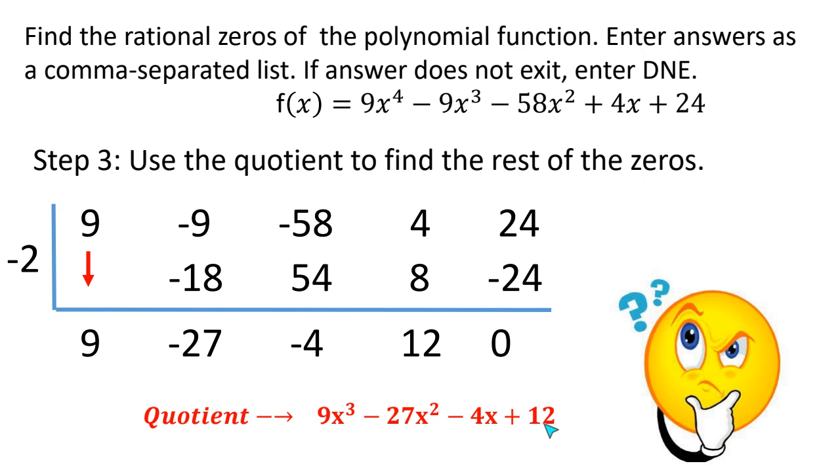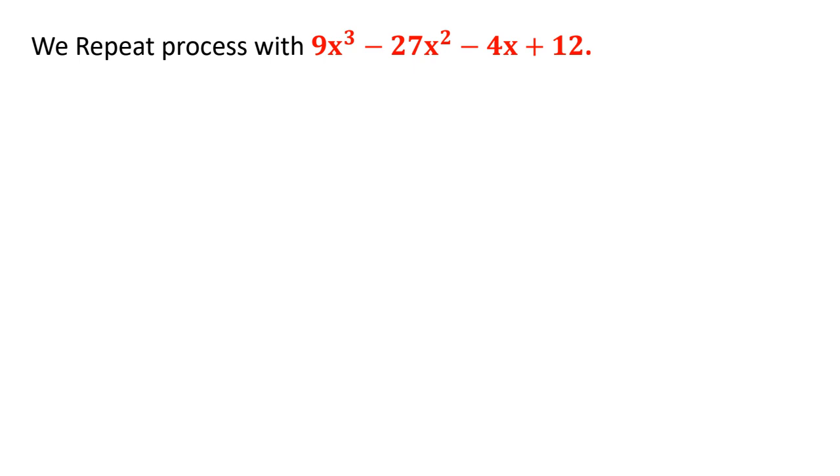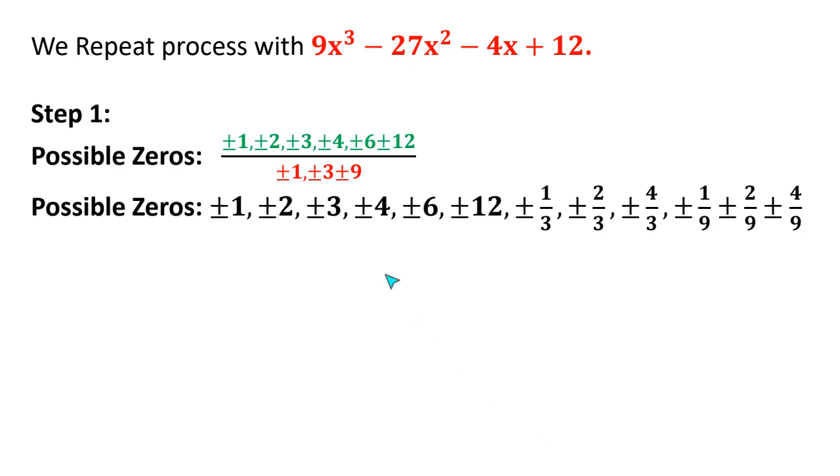But the problem here is that your quotient is not quadratic, it's a cubic. And so if that happens, all we need to do is run the same process again. So we would find the possible zeros from the factors of 12 and the factors of 9, divide them, and find the possible zeros. So that's what we'll do here.